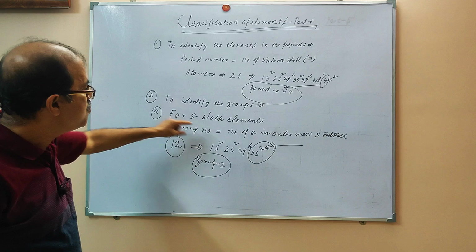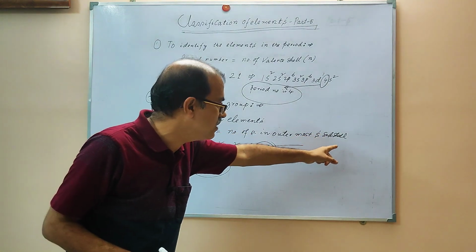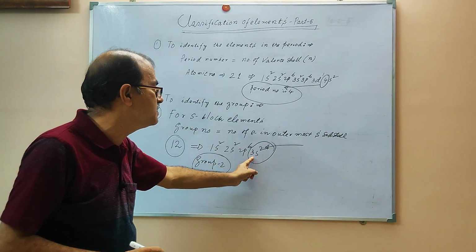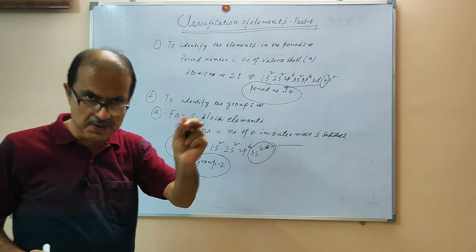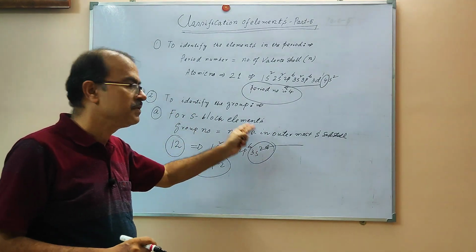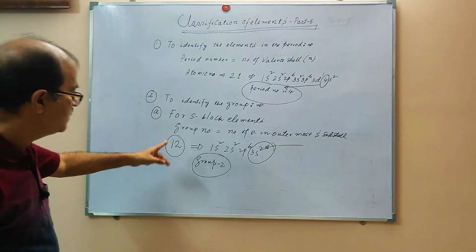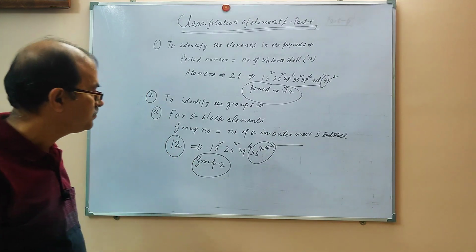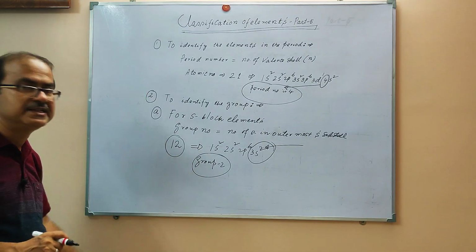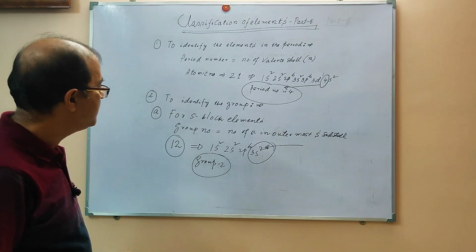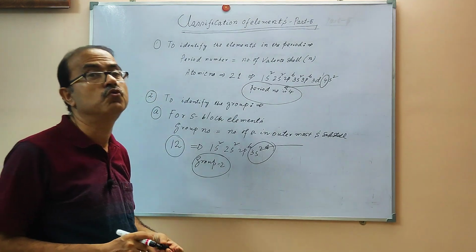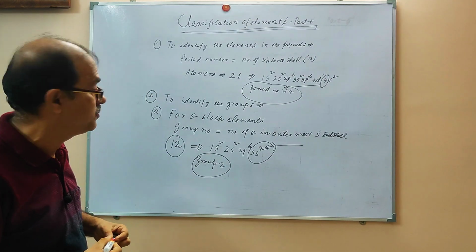So the group number is the number of electrons in the outermost subshell. The outermost subshell is 3s. Here, the number of electrons placed in the 3s subshell is 2. That is why the group number for this atomic number, which is basically magnesium, is the second group of the periodic table.